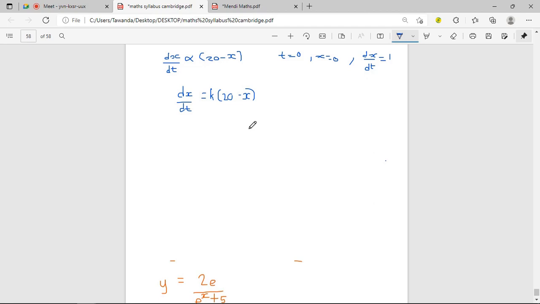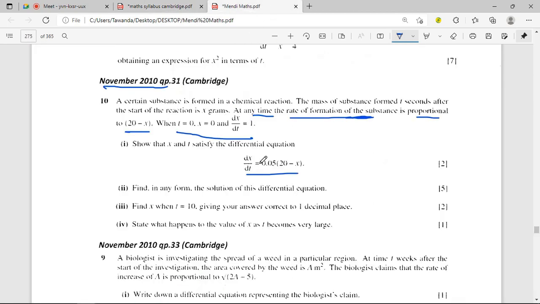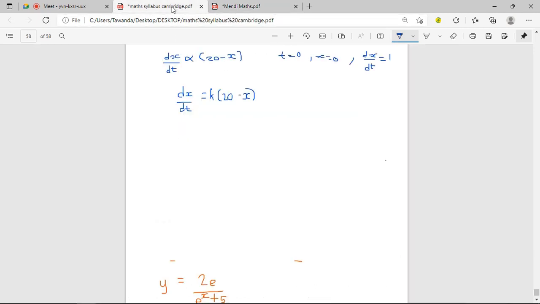Yes. So we are now going to substitute these conditions for us to find k, because here we don't have k. They want you to show that k is supposed to be 0.05.